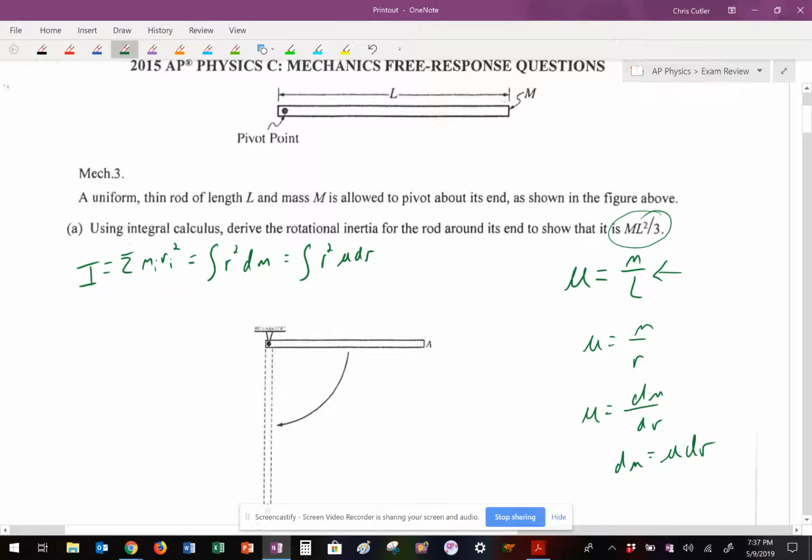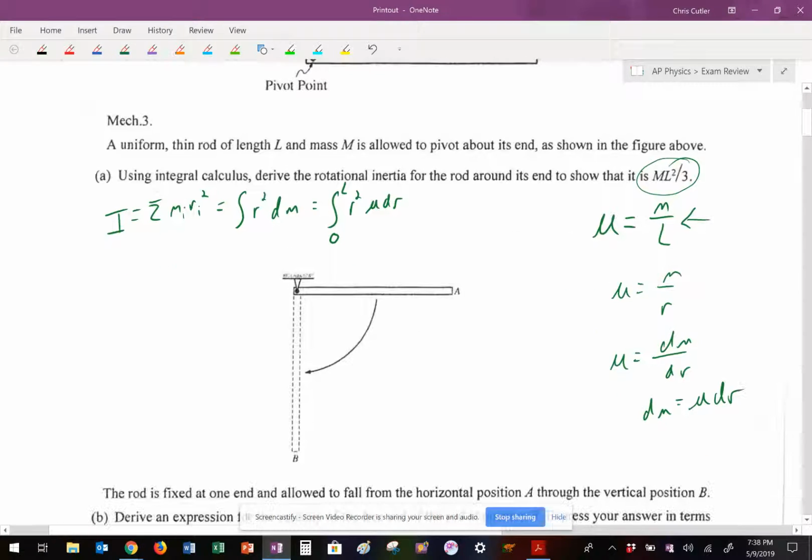Well, now we're just taking the integral of r squared. We need limits of integration. The rod is L long, so we're going to go from the pivot point at 0 to the end at L. I'm going to rewrite the answer here. We have r cubed over 3 from 0 to L times mu.